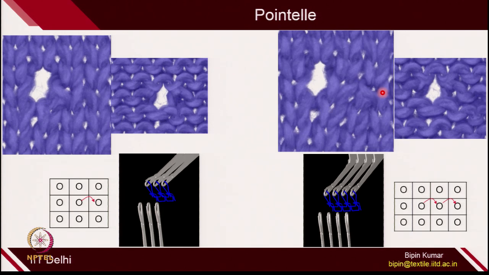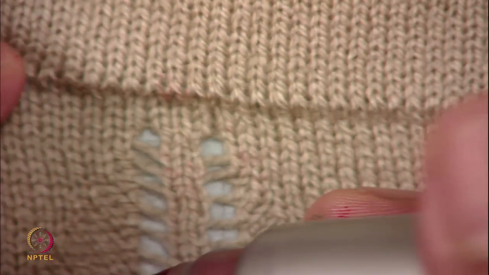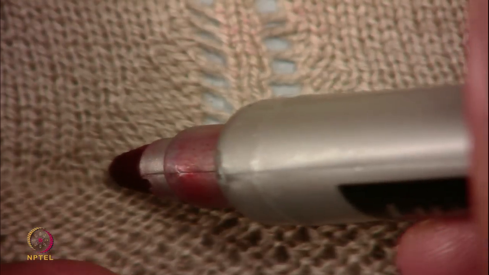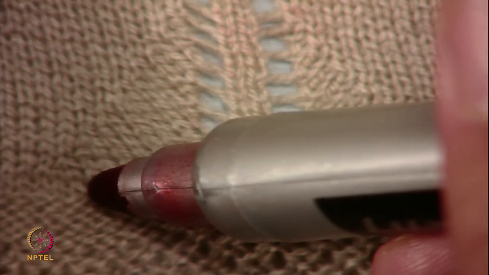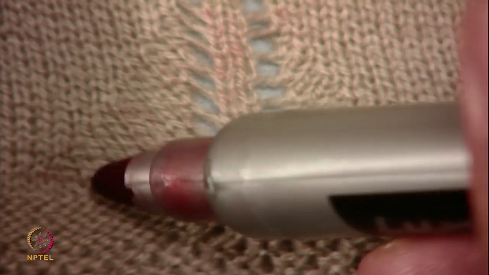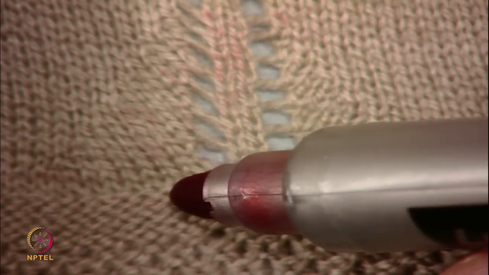If you carefully see the design, you can see that from this location these columns are bending. So, actually 1, 2, 3, 4, 5, 6, 7.